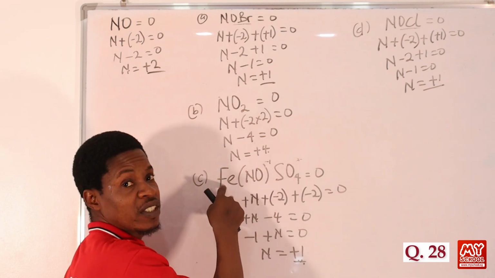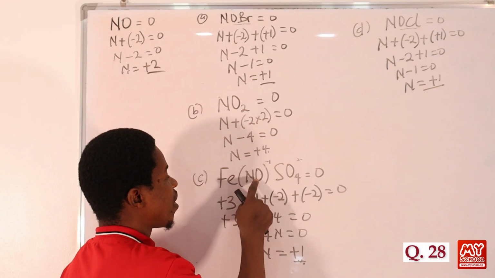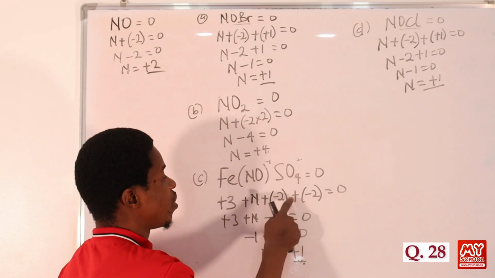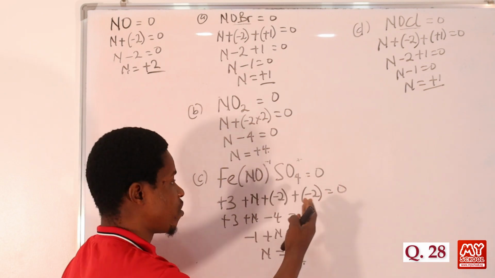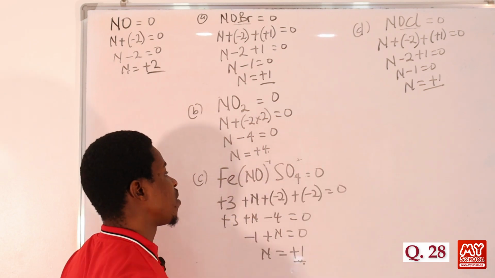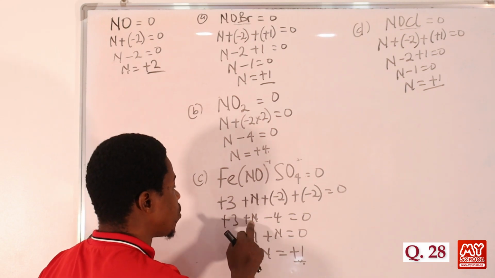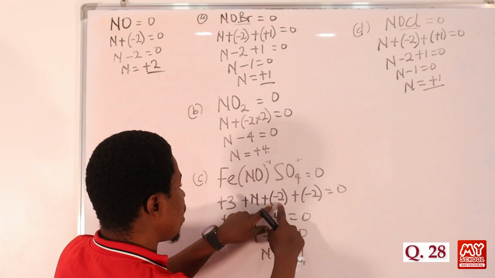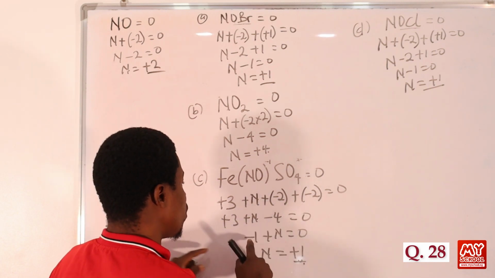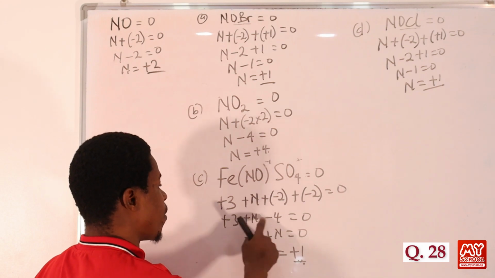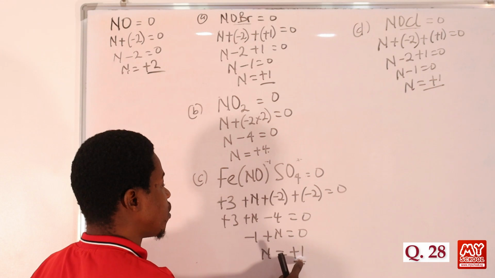So iron 3 plus nitrogen, then plus oxygen is -2, then plus the whole of this radical, which we can just take to be -2, so that we don't waste much time. So this is +3 plus N, -2 here, -2 here. That gives us -4, equal to 0. So 3 minus 4 is -1 plus N. So N is equal to +1.